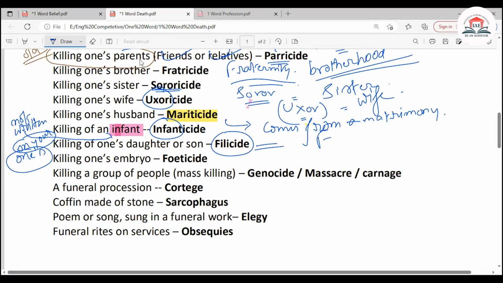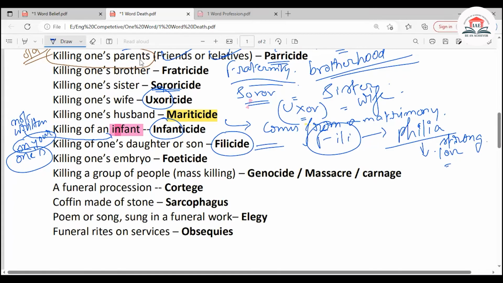Origin: fili, but fili is not the Greek word. The actual word is philia. Right? Philia means love, rather strong love.